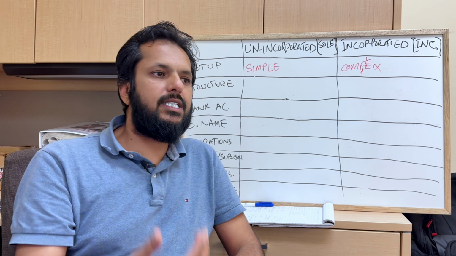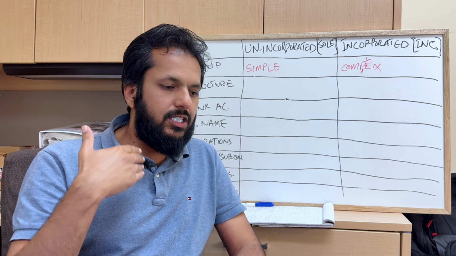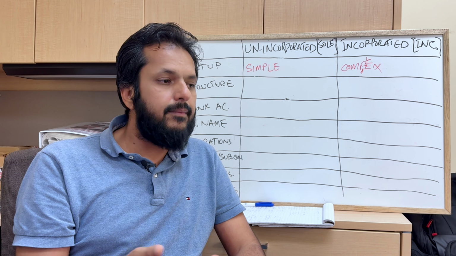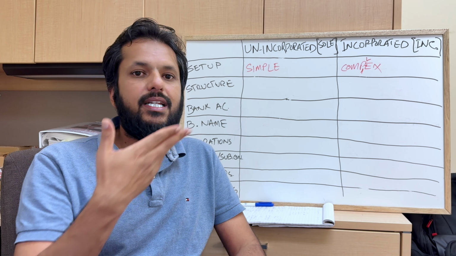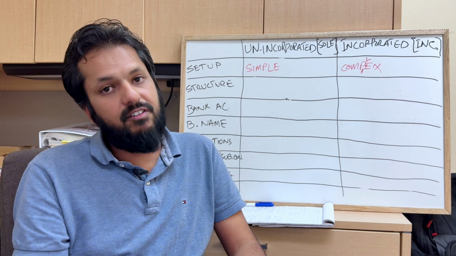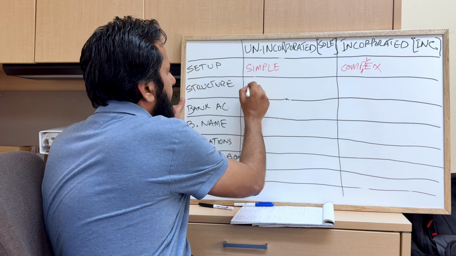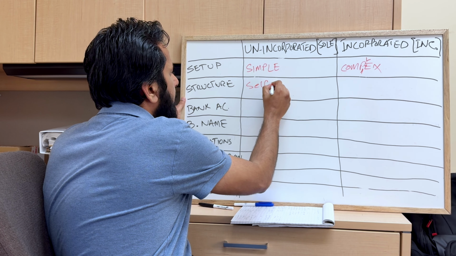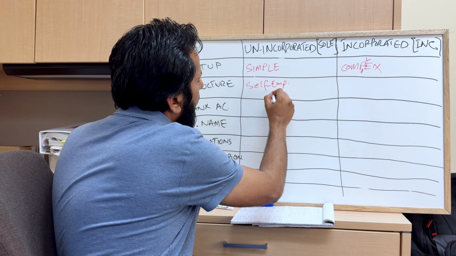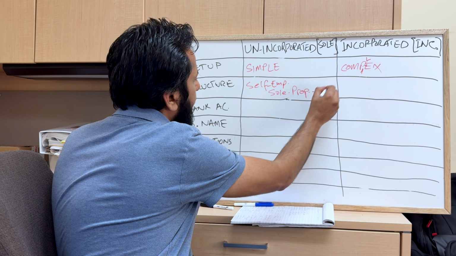So for example, it's Murtaza, and when he starts working as a sole proprietor or self-employed, he is just representing himself, but he's performing a business activity. That's the thing. So over here, it's going to be self-employed or sole proprietor.